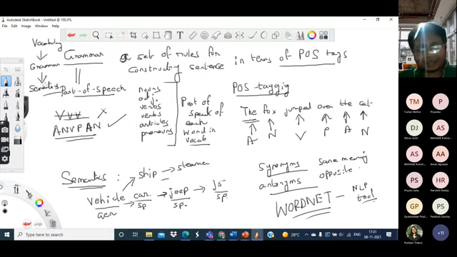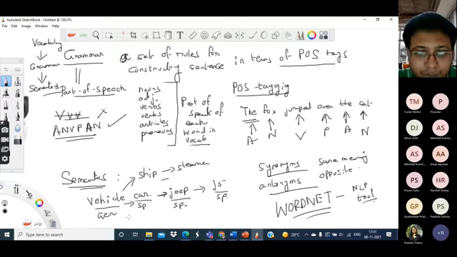So the next component is to associate meanings and to specify which sentences have meaning and which sentences do not. There may be sentences which are grammatically correct, but do not have any meaning.